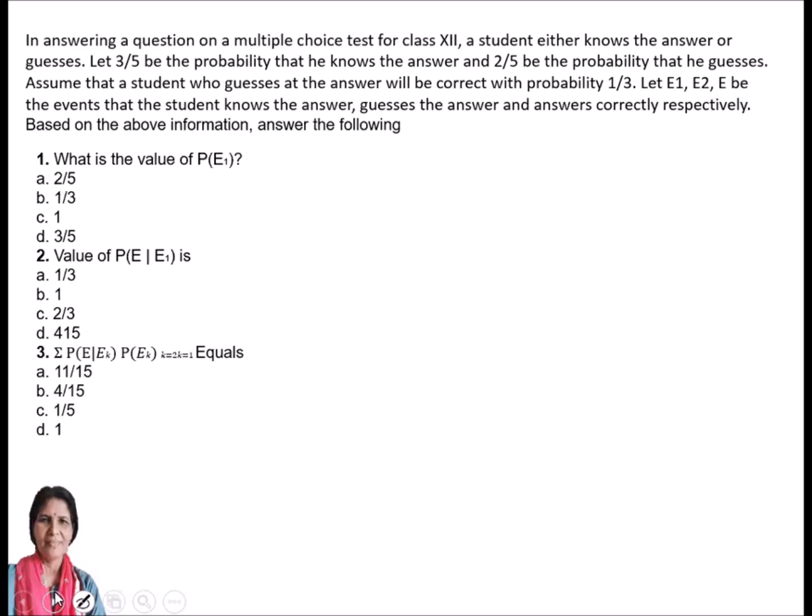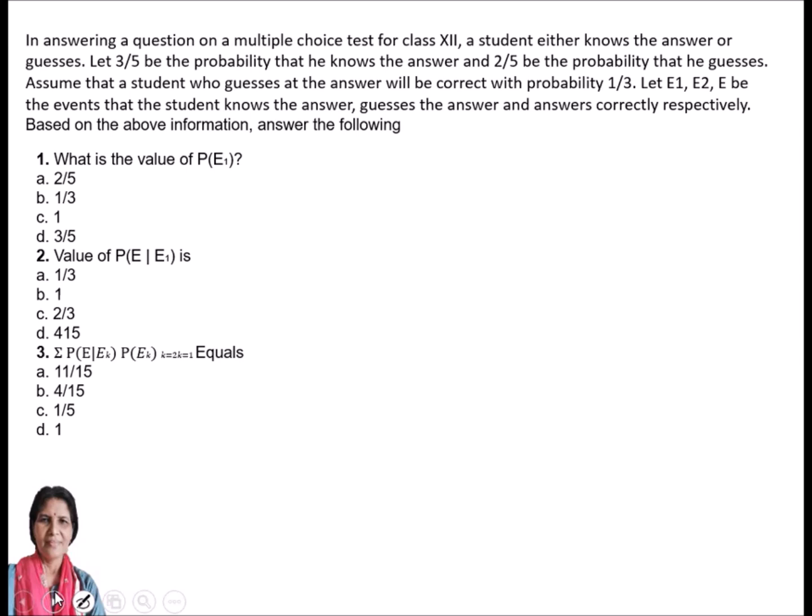First question, what is the value of P(E1)? The options are 2 by 5, 1 by 3, 1, 3 by 5. If you know, you can immediately answer correctly. Find the value of E given the condition E1 is 1, then 1 upon 3, then 2 upon 3, 4 upon 15.